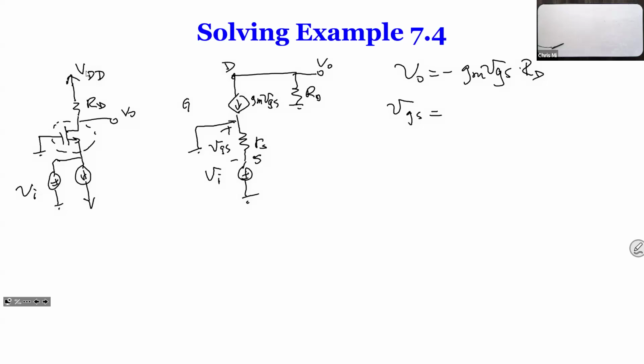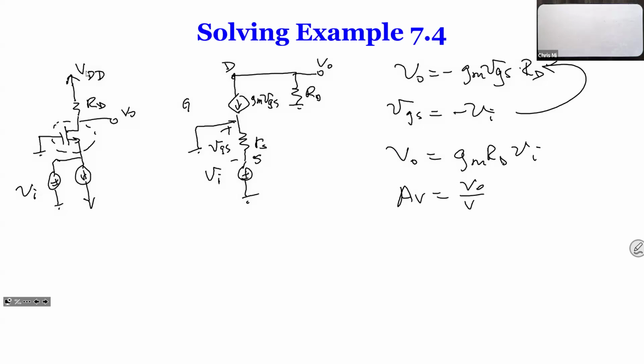So your VGS is negative VI. Now you plug this into here, you get VO equal to GM RD times VI. Or in other words, you can get your gain: VO over VI equal to GM times RD.